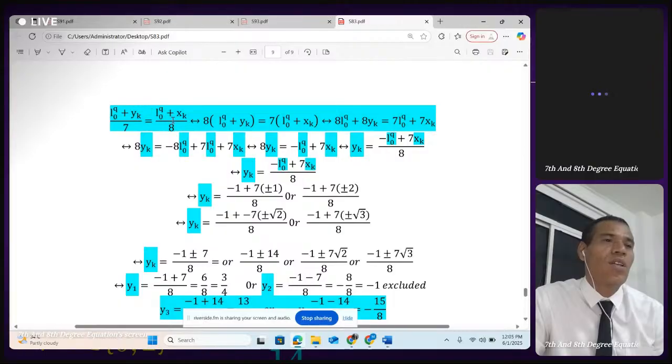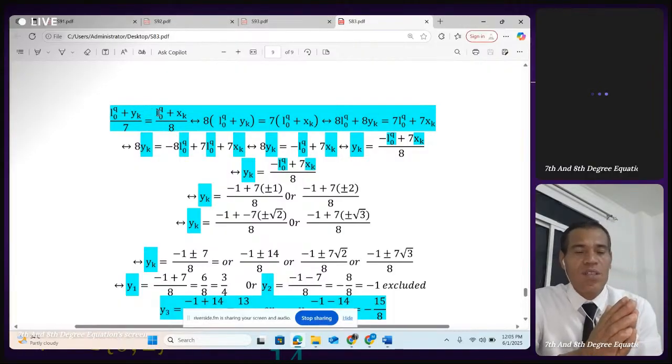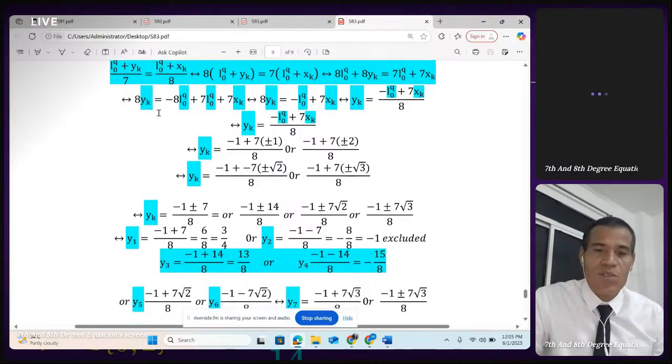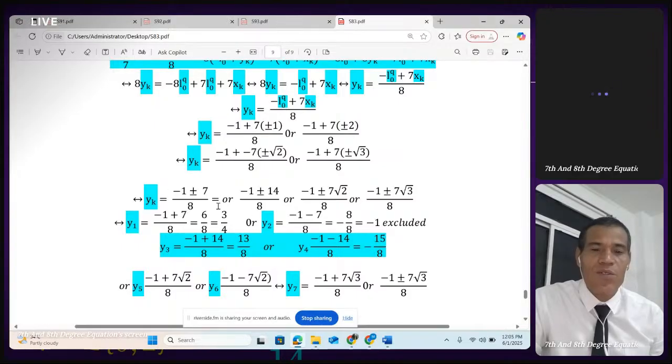So this will give you the x roots, the 7 roots of this new 7th degree form equation. Then we use L0 plus yk divided by 7 to obtain the 7 roots.